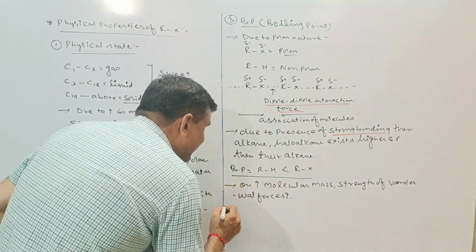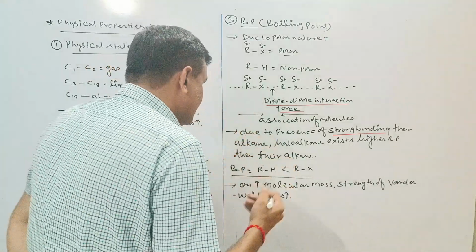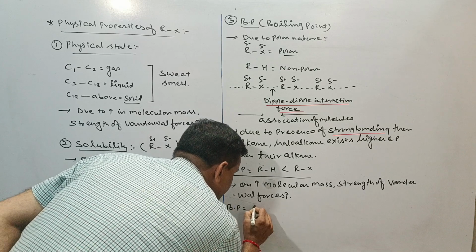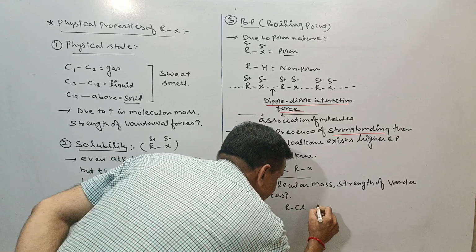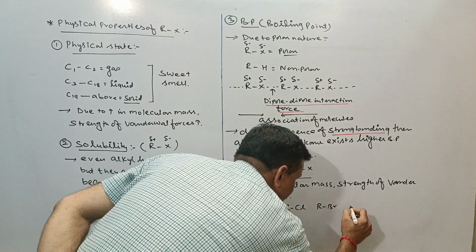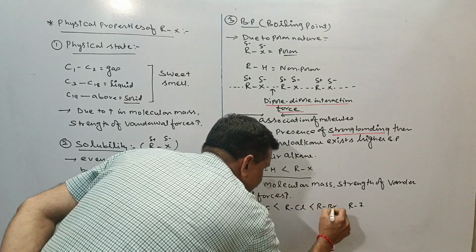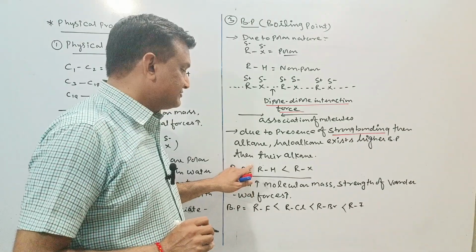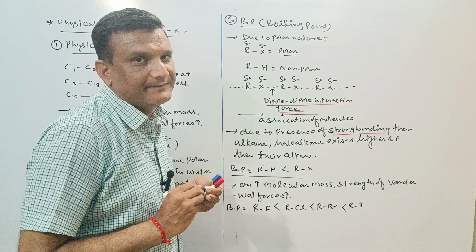That's why if there is the same alkyl group with different halogens, the sequence of boiling point will be RF, RCl, RBr, and RI. So the boiling point increases. It was the first question. This is another question, and the reason is in front of you on the screen.